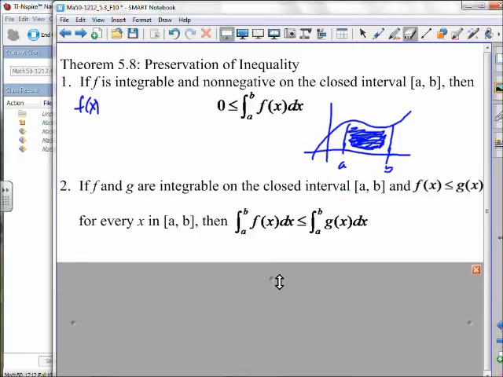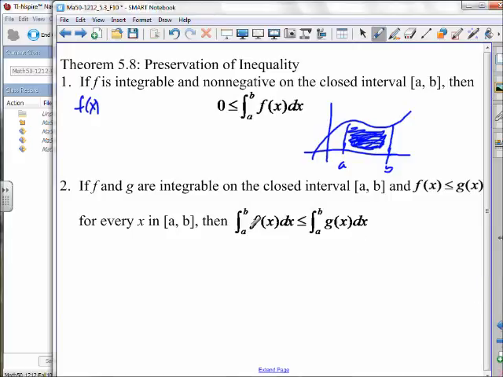Okay. F and G are integrable on a closed interval, A and B. F of x is less than or equal to G of x for every input value in the closed interval. Then we have that the area under the curve from A to B of function f of x is less than the area of G of x. Let me illustrate here.